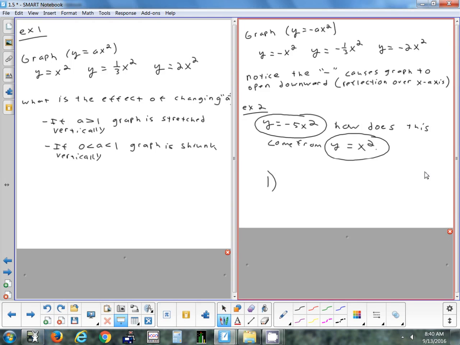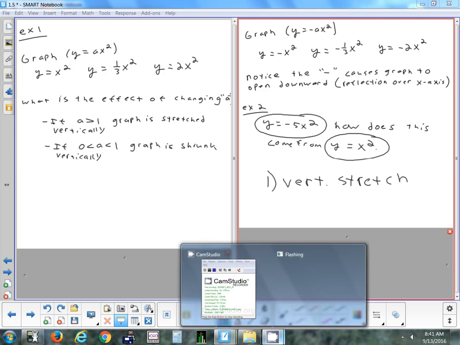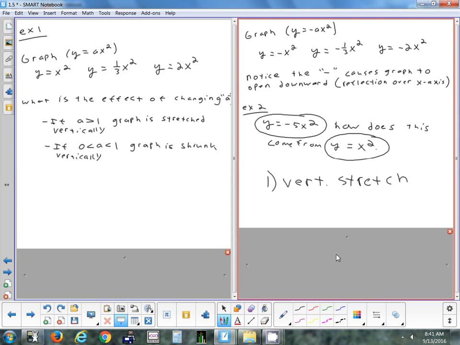It's going to stretch the graph vertically. That we call a vertical stretch, and it's by a factor of 5. Okay, so the first transformation is a vertical stretch, and then we have to say how much. By a factor of 5.